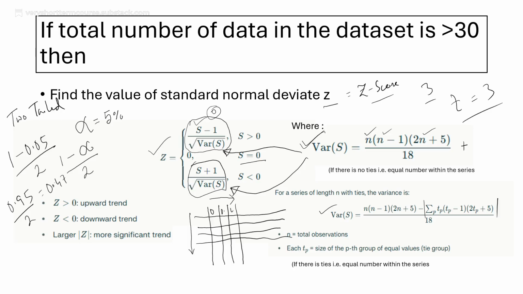So you have to find this 0.47 from the body of the table. Lots of values will be there.